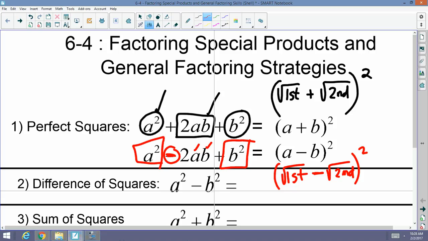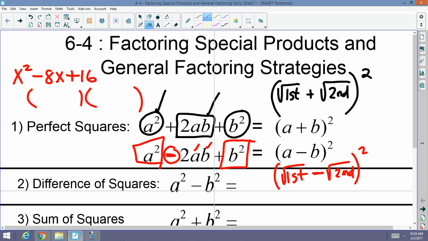But this is the one of all that we're going to learn today that you can do the old method. And let me explain what I mean by that. Let's say that I have x squared plus 8x plus 16. You could go old school, old method.